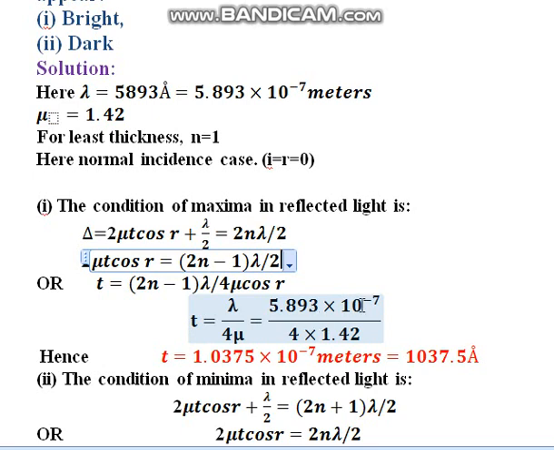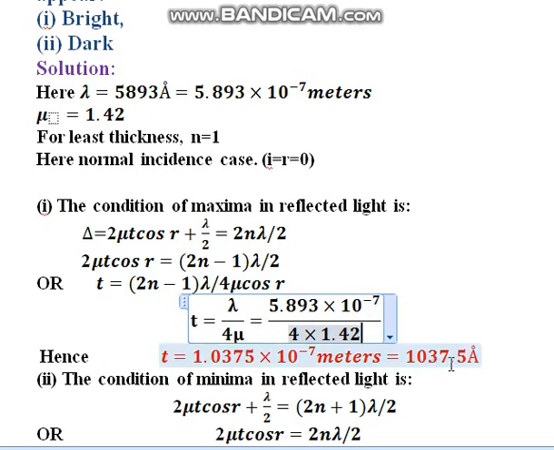Put the value of lambda, 4 multiplied by the refractive index, and solve it. The thickness is 1037.5 angstrom. This is the least thickness for the reflected light for the bright band.